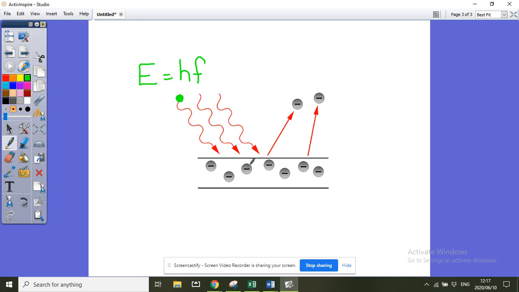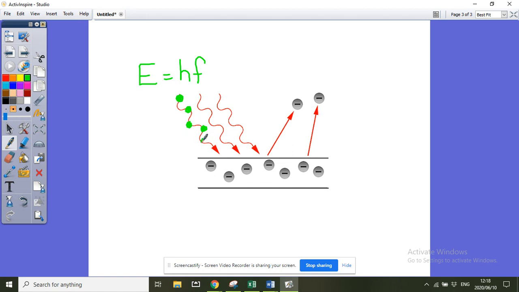Now, when these particles hit, for electron particles to leave immediately, there has to be a one-on-one particle interaction, almost like a car hitting another car, or a snooker ball, pool ball hitting another ball. So what he then said, let's see light as little packets of energy.